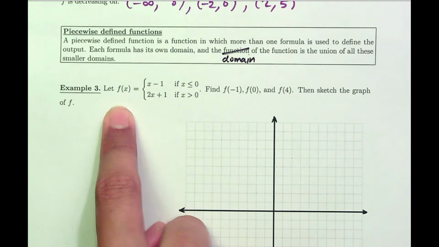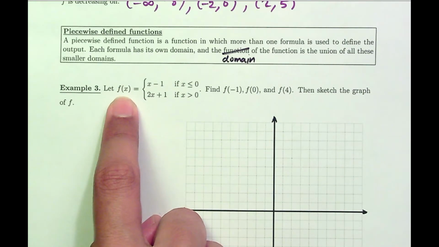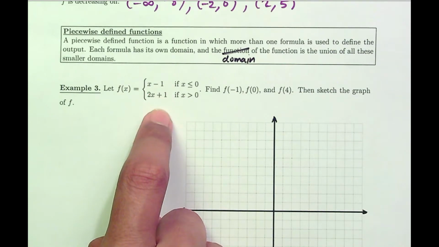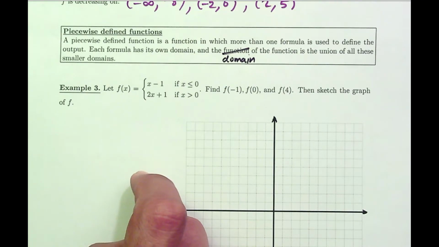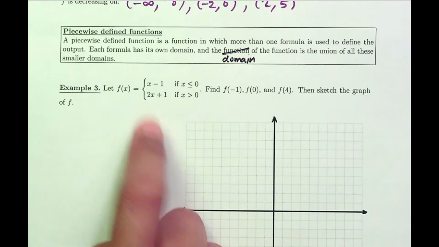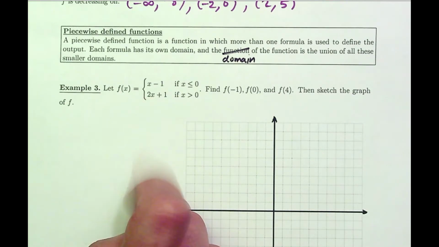This is a function that has two defining formulas. It has two parts. You could have 3 parts or 4 parts. There's no limit to the number of parts. You could even have infinitely many parts. Most of the time in this class, we're just going to deal with 2 or 3 parts, but there's no reason why it has to be only 2 or 3. It could be way more.